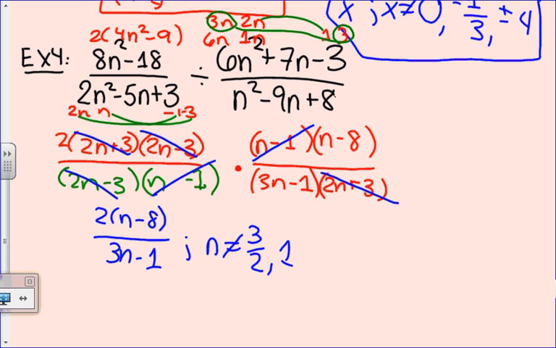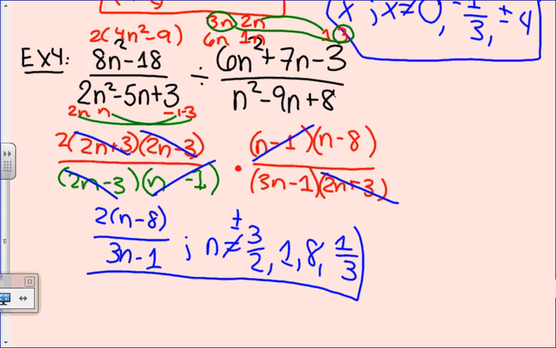So n minus 1, we already did that. n minus 8, 3n minus 1 over 1, divided by 3. Then this one was just the opposite of the first guy. Positive, negative.